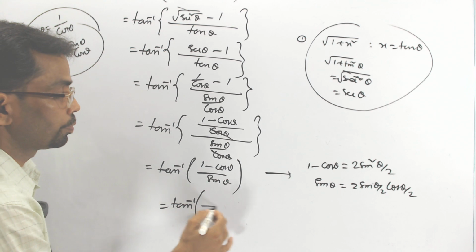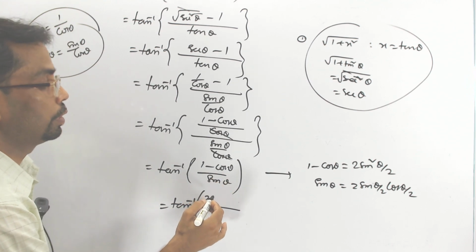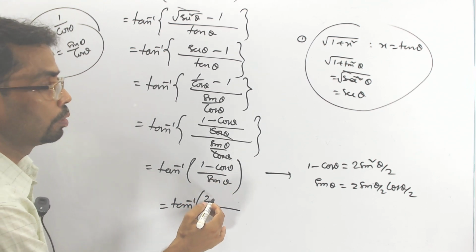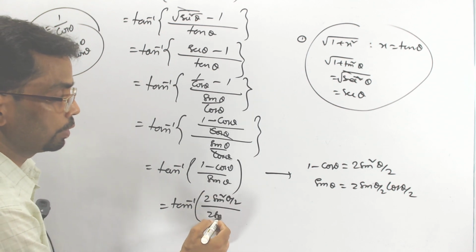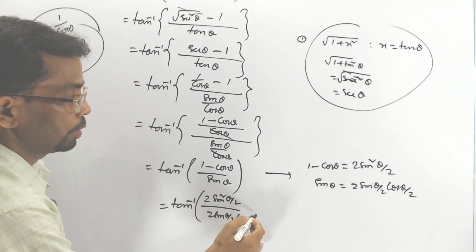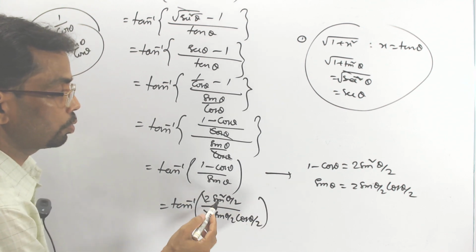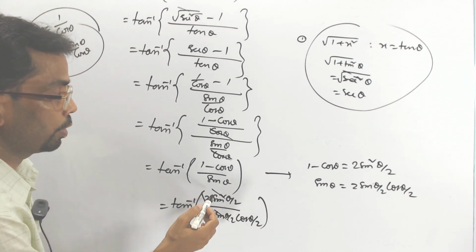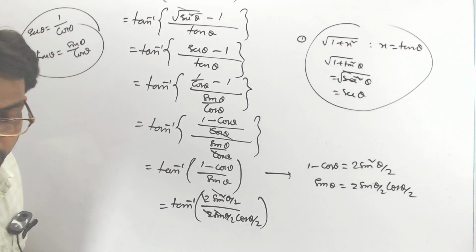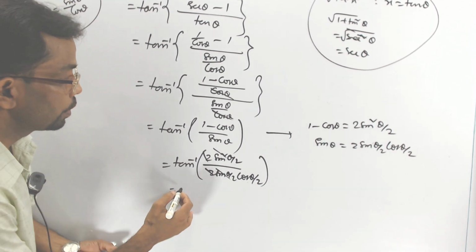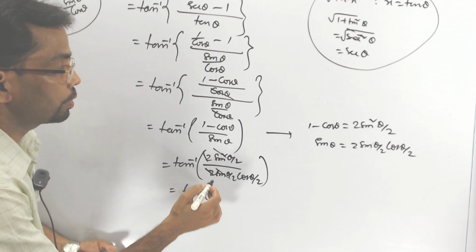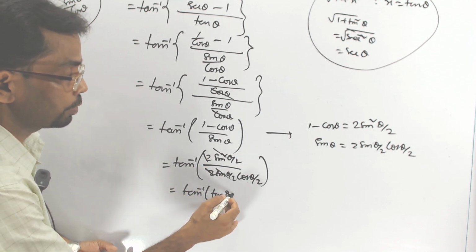Then 1 minus cos theta is 2 sin square theta by 2, and this is 2 sin theta by 2 cos theta by 2. Then getting cancelled, 2 cancels, sin square and sin also will get cancelled, remaining only sin by cos. And finally it is tan inverse, sin by cos will be tan theta by 2.